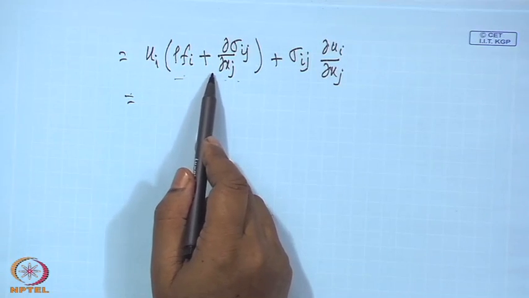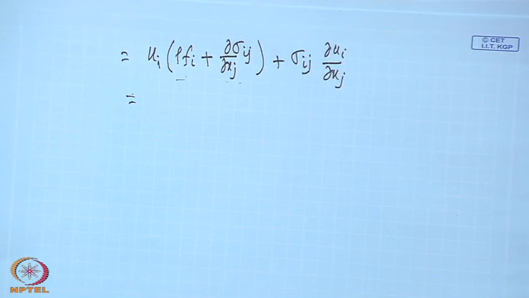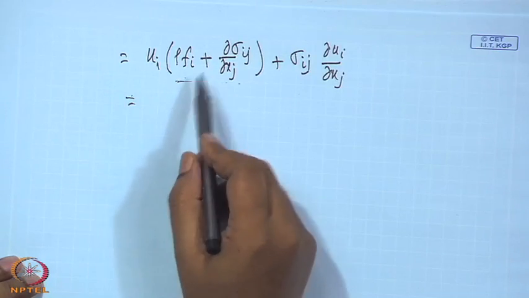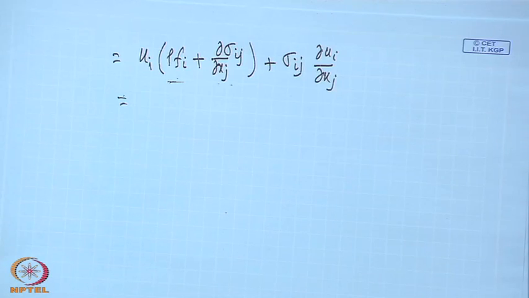This is the right hand side, the force causing the change in momentum. So this term in the bracket is actually rho du_i/dt, the left hand side of the Navier-Stokes equations.